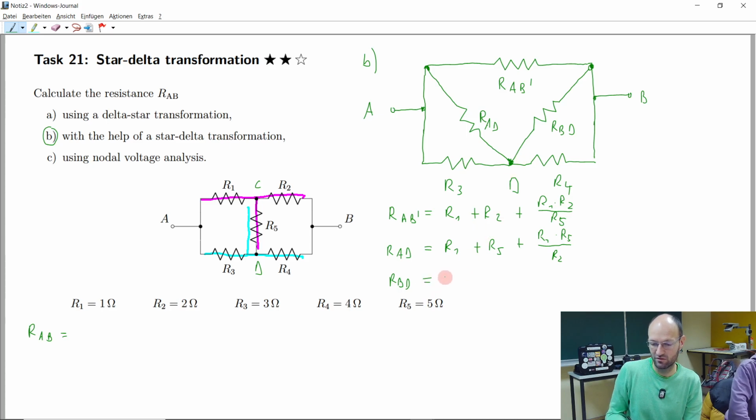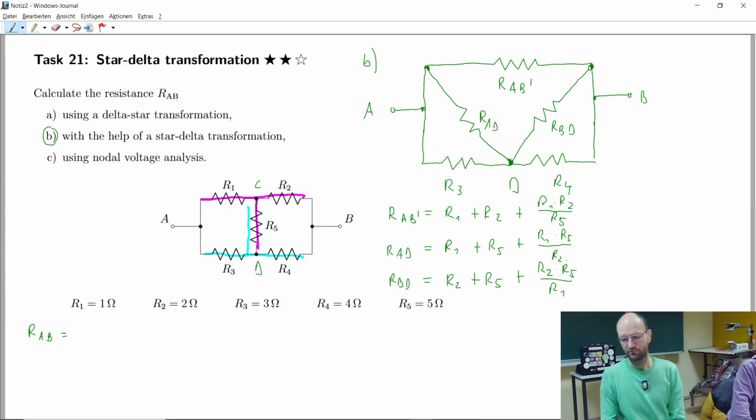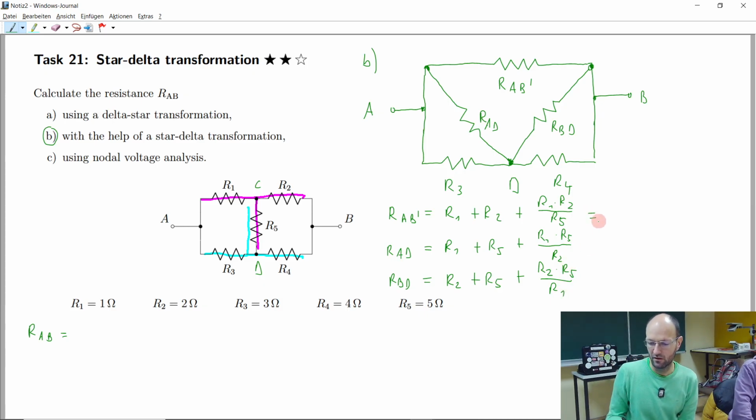And what is connected to B is R2. What is connected to D is R5. And then we have R2 multiplied with R5 divided by the other one, which is R1. Okay. Next step, inserting values.